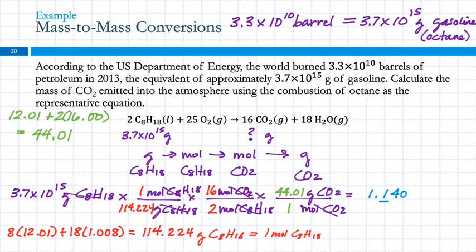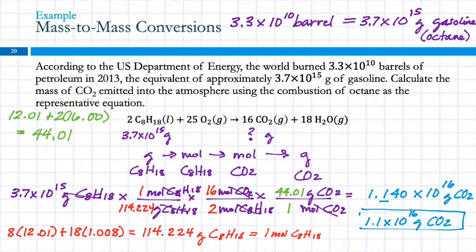I'm going to write down the next 2 digits, and then this says E16, which means times 10 to the 16 grams of CO2. So rounding to the correct number of significant figures, 1.1 times 10 to the 16 grams of CO2.